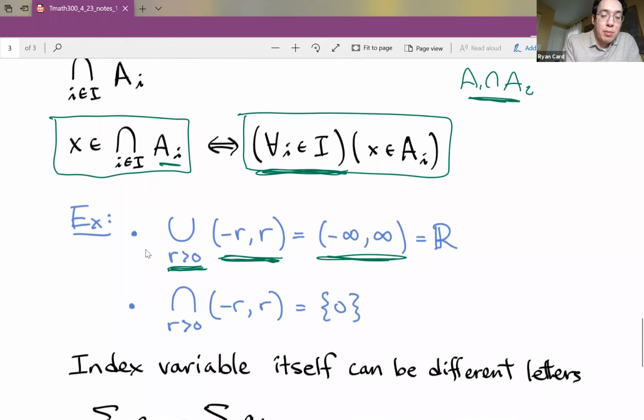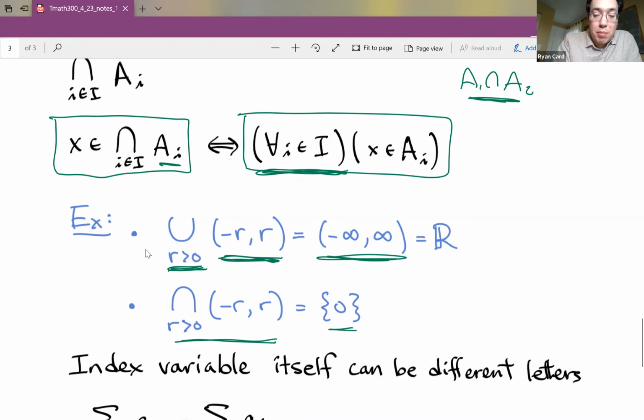If you do a similar infinite intersection instead of union, for you to be in the set, you have to be included between negative r and r for any positive number r. And there's really only one number that does that, and that's 0.